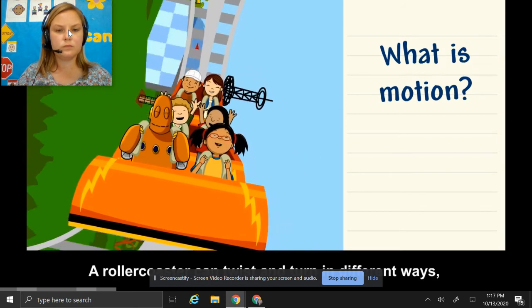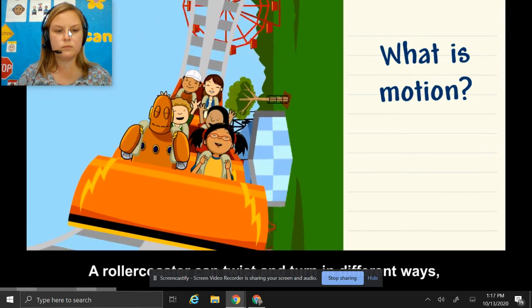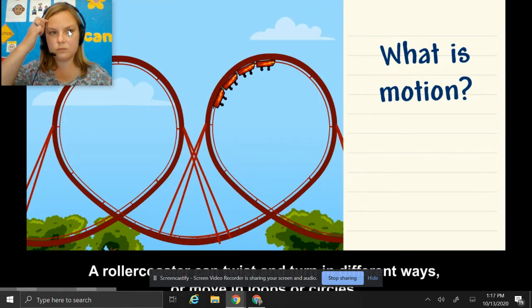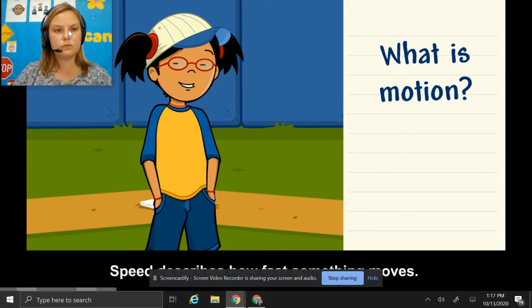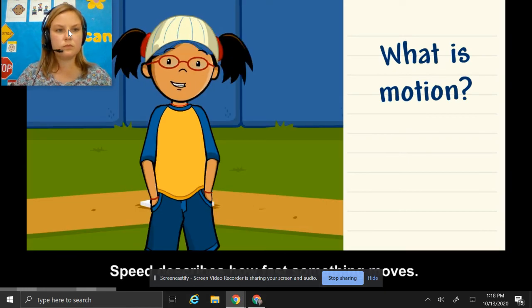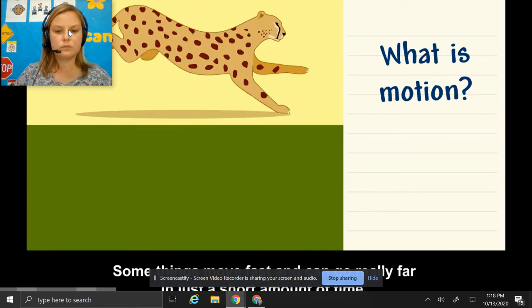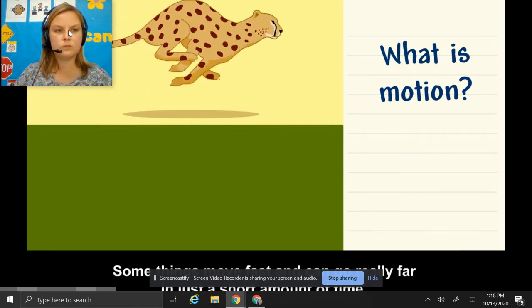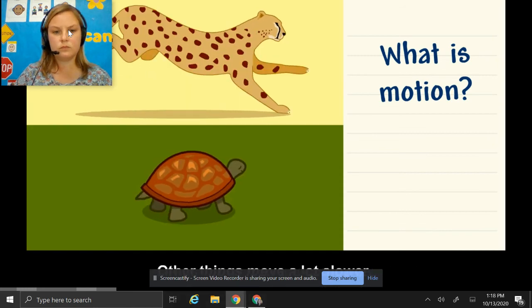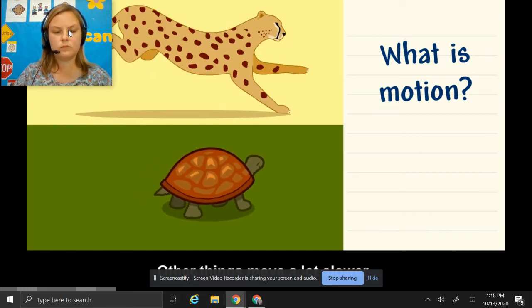A roller coaster can twist and turn in different ways, or move in loops or circles. Speed describes how fast something moves. Some things move fast and can go really far in just a short amount of time. Other things move a lot slower.